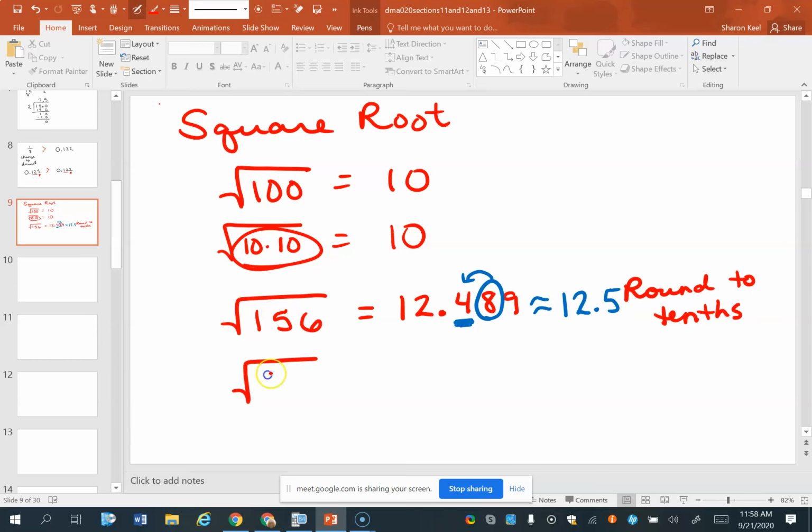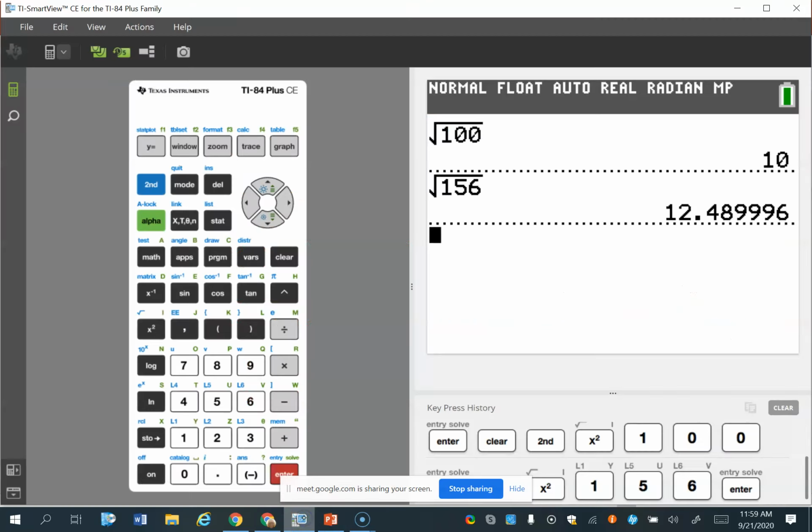So if we're doing the square root of 89, for this one, we're going to round to the hundredths. Sometimes they'll use a word, and then sometimes 2 decimal places, 3 decimal places. So you would just go with whatever they have as their direction there.